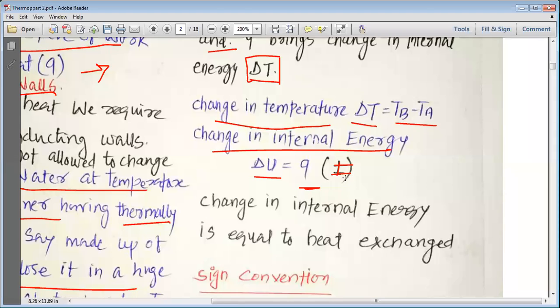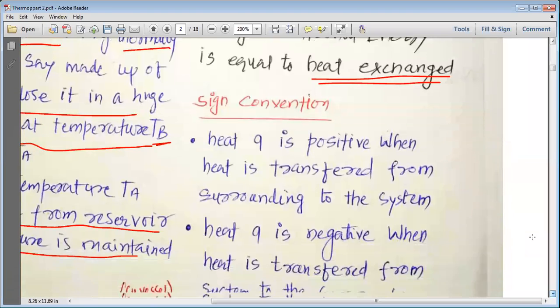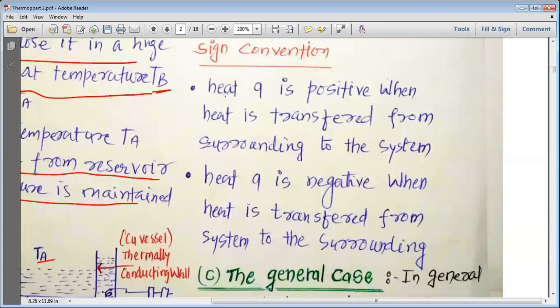And thus the change in temperature delta T is TB minus TA, whereas change in internal energy delta U is equal to plus or minus Q. Change in internal energy is equal to the heat exchange. So now when we do not have a change in volume, the change in internal energy depends upon the heat change. Now we'll study the sign convention.